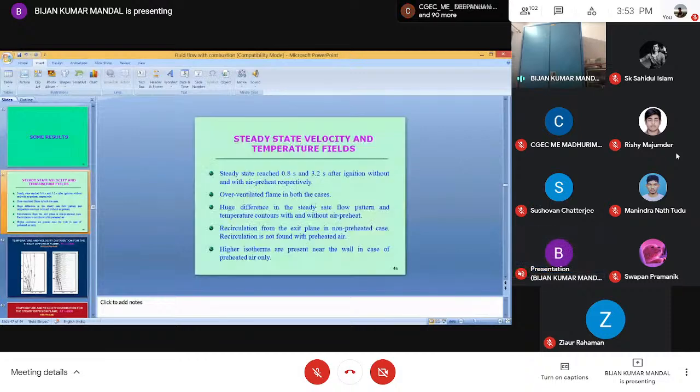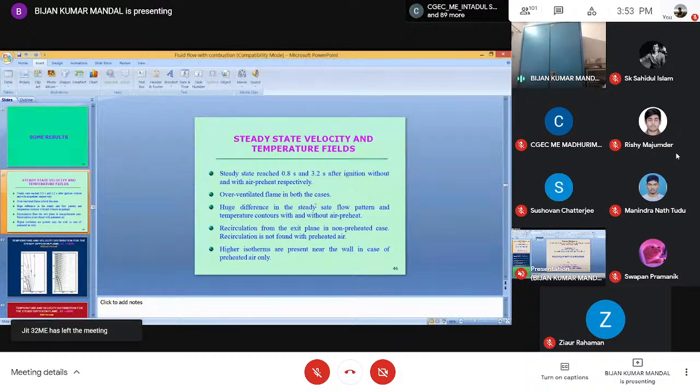So the steady state is reached 0.8 seconds after the ignition is given in the case of non-preheated air, where the air temperature is 300 Kelvin. It will take more time, 3.2 seconds, where the air temperature is 400 Kelvin, that is the preheated air, because there are some more complications in the fluid flow.